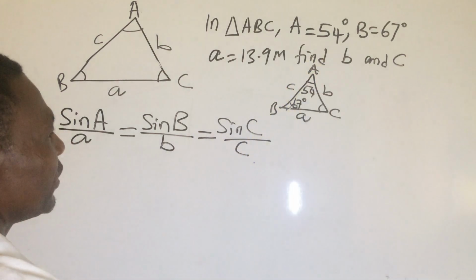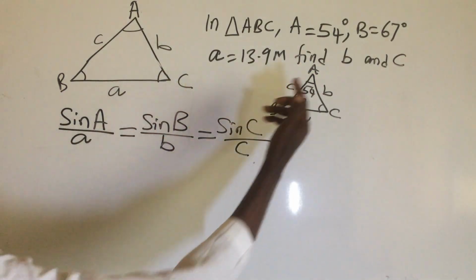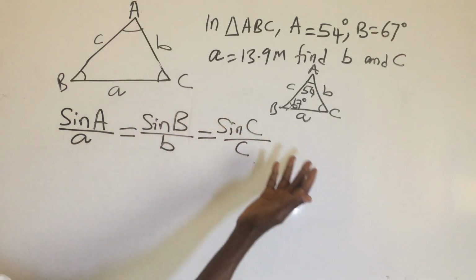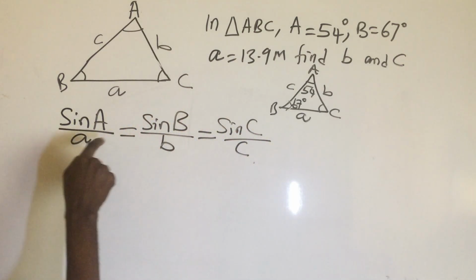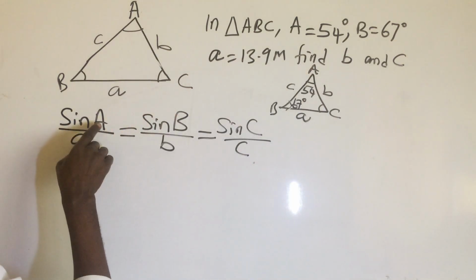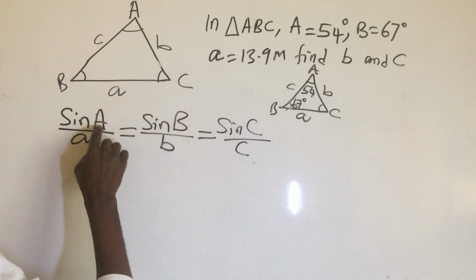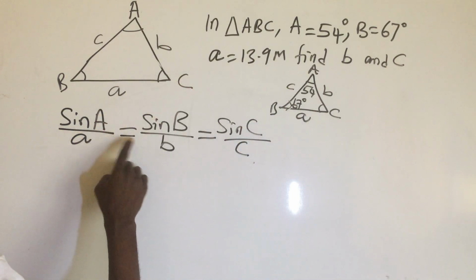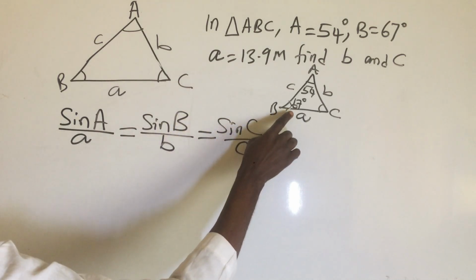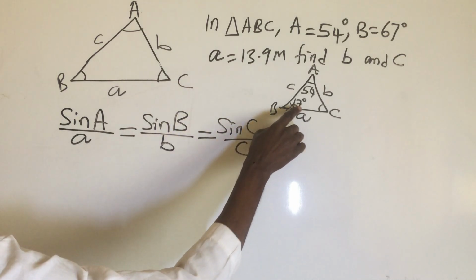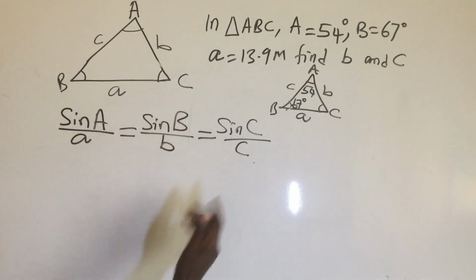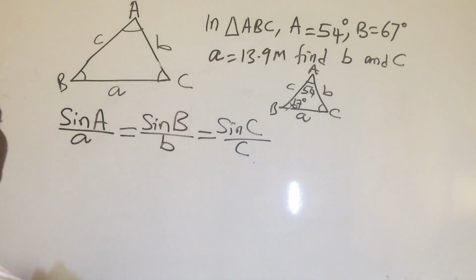What information is complete? Sine A, which is 54, over the side facing it, which is 13.9, equals sine B, which is 67, over the side facing it, which is b. We can use these two to get the side b immediately.